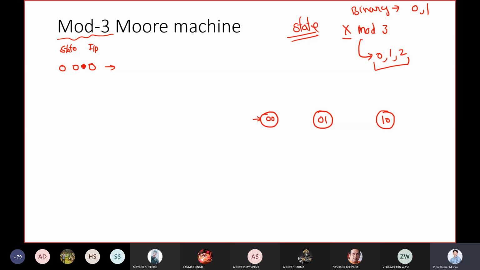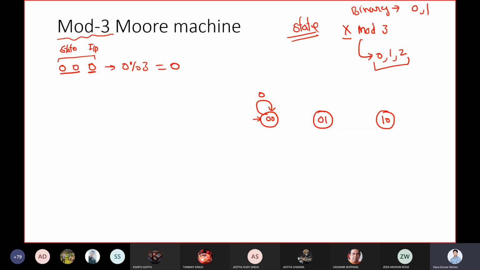If you convert 0,0,0 into decimal, what do you get? 0. Now take 0 mod 3. What will be the output? 0. It means if you are in state 0,0 and your input is 0, you will go back to the 0 state.